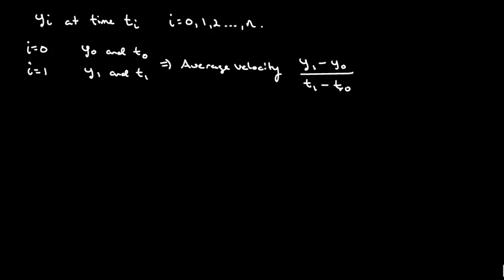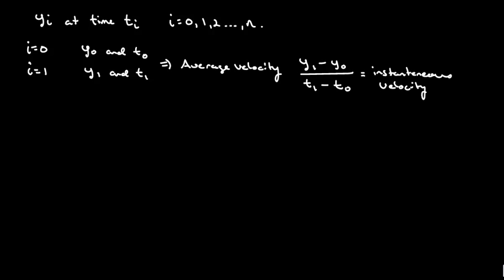Now, the book says for this problem that we should assume the velocity is constant. So what it means is that the average velocity is equal to the instantaneous velocity over that interval. So equal to the instantaneous velocity on that time interval. Okay?